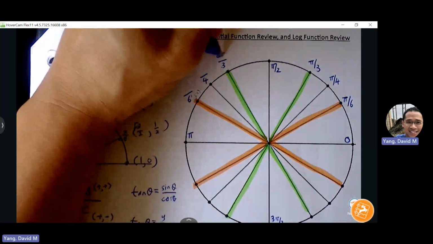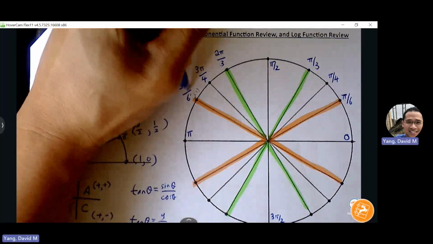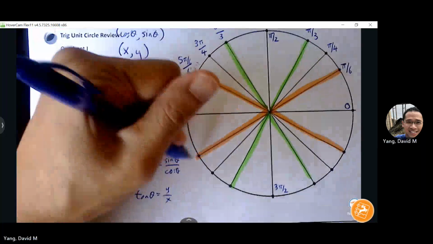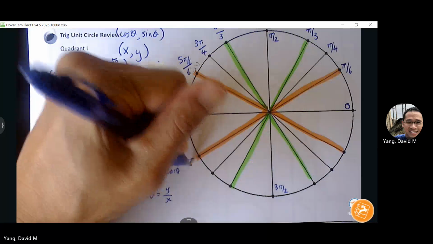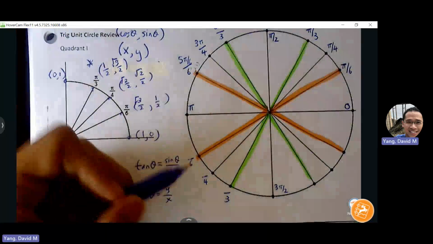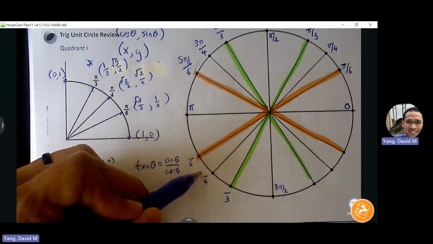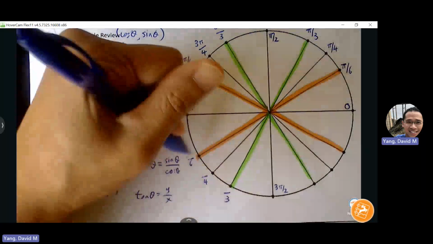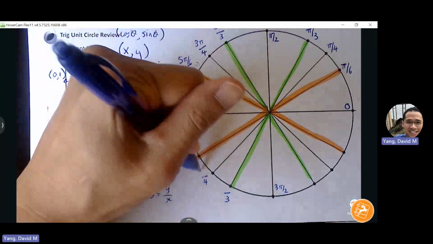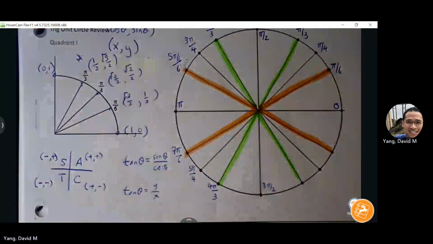So this is going to be 2 pi over 3, 3 pi over 4, 5 pi over 6. The nice thing about the third quadrant is that all your numerators are going to be 1 unit higher than your denominator. So 7 pi over 6, 5 pi over 4, 4 pi over 3.